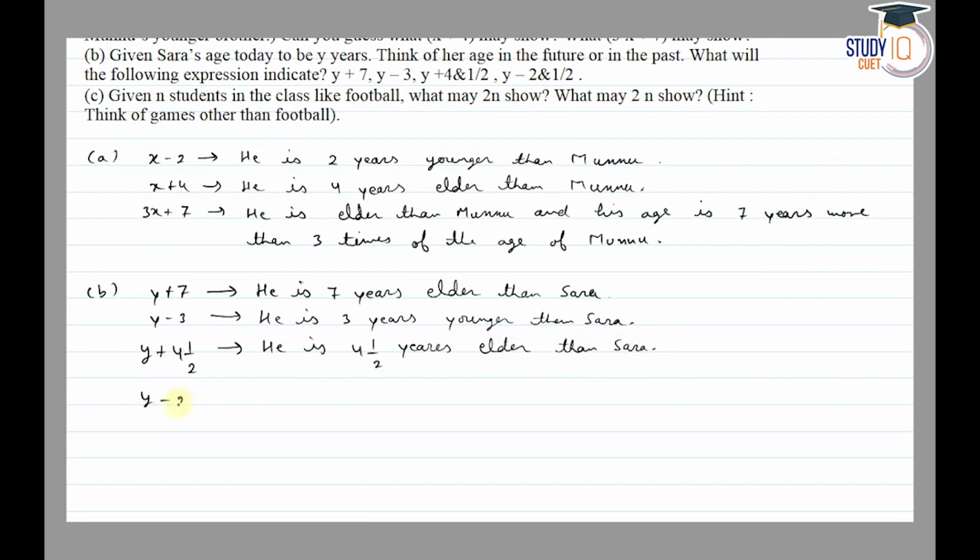Y minus 2.5: he is 2.5 years younger than Sara.